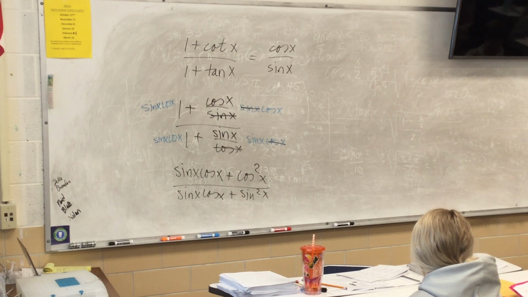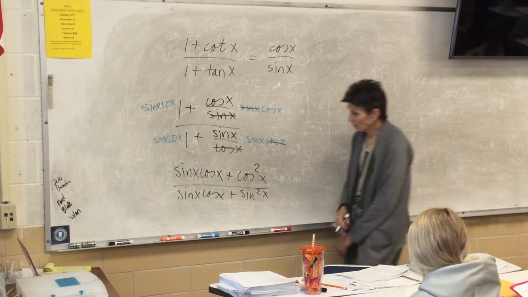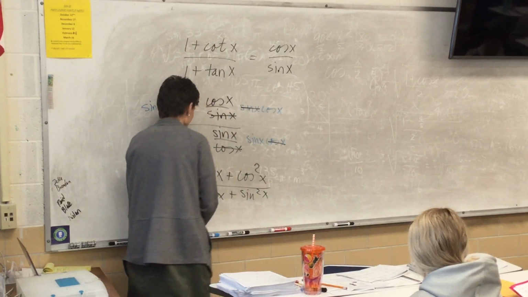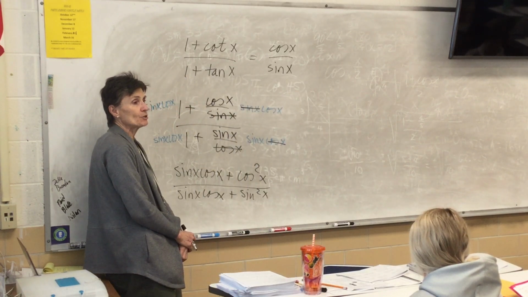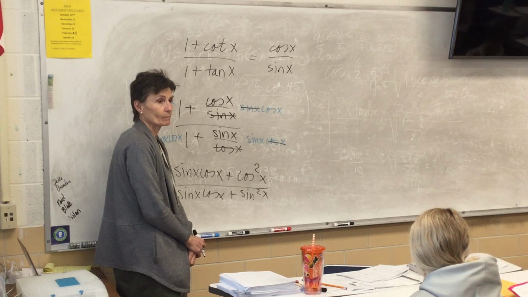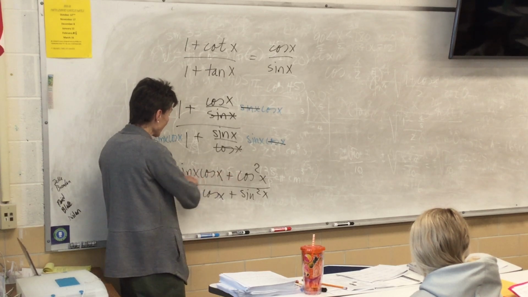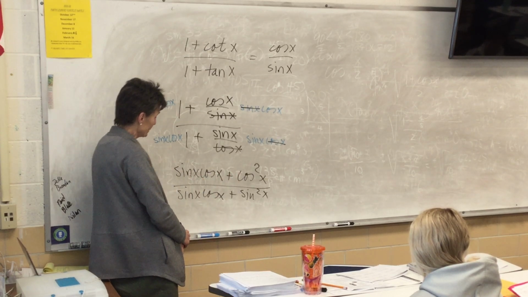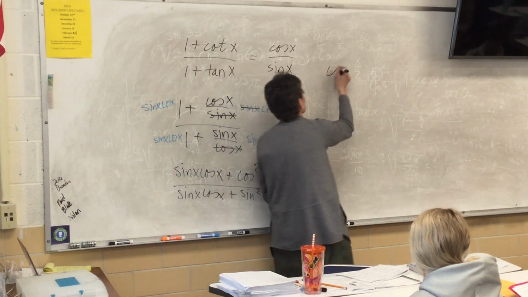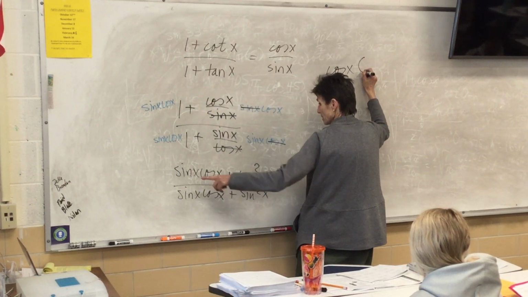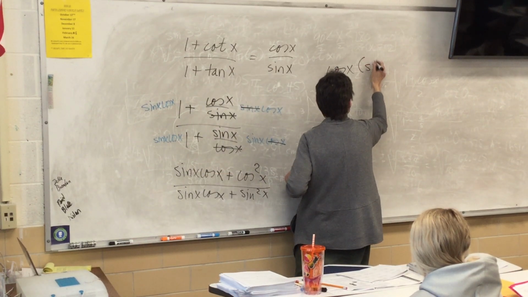But can I do anything to shrink it down? In other words, can I factor it so that I can do some canceling? Is there any factoring that can happen on the top? Take out a cosine. And that'll leave me with sine plus cosine.